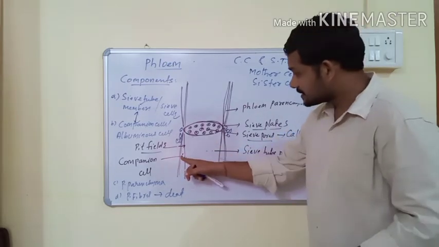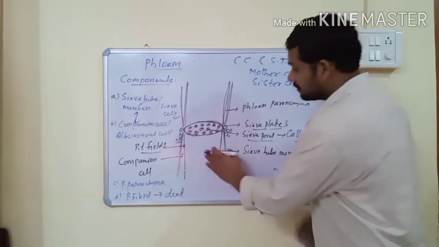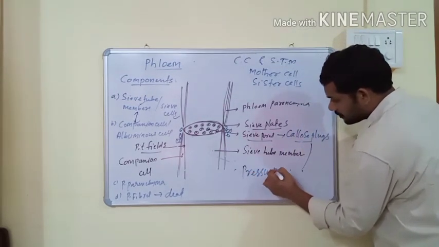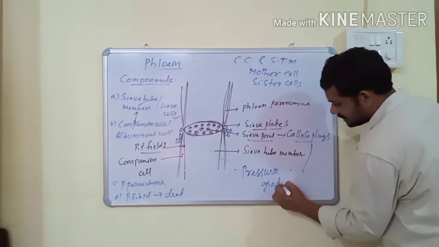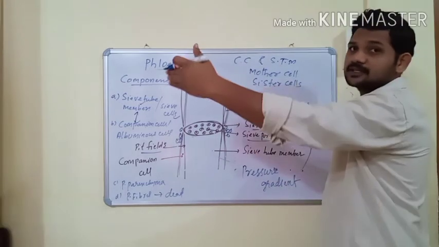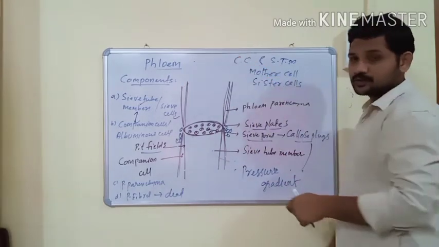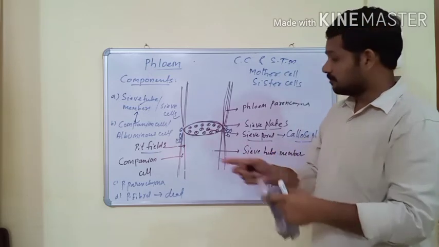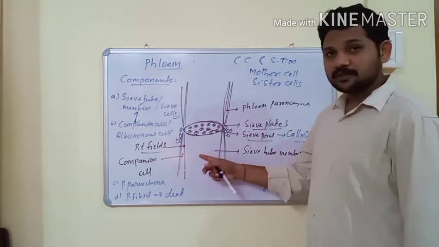And the companion cell has a nucleus. That's why the companion cell creates a pressure gradient in sieve tube members for translocation of food material from source to sink, because the sieve tube member is the main food conducting element, but in the sieve tube member the nucleus is absent.